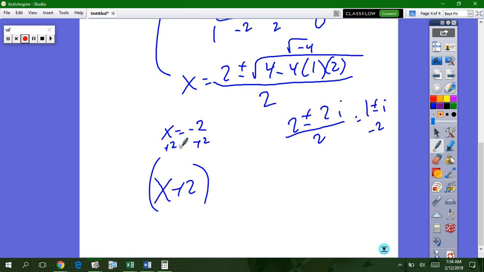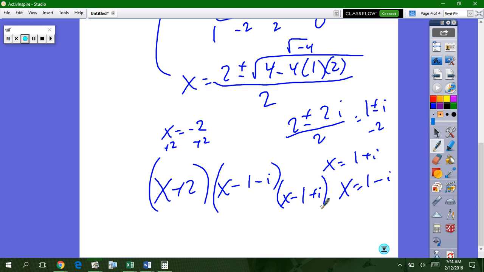I also want to do it with these other guys. I want to go x equals 1 plus i. So how do I get this side to be 0? What would I do? Subtract the 1 and subtract the i. Does that make sense? So that would be x minus 1 minus i. And then I also have x equals 1 minus i. So if I subtracted the 1 and added i, I'd have x minus 1 plus i. That would be in factored form.